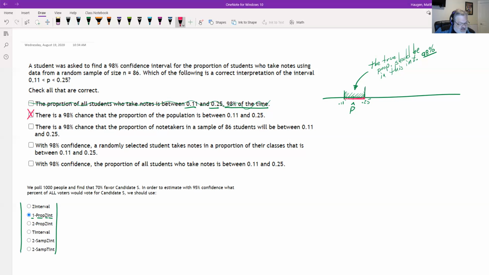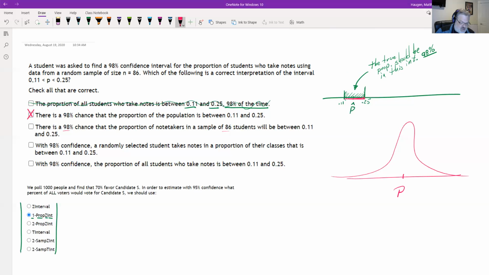There's a 98% chance that the proportion of note takers in a sample of 86 students will be between 0.11 and 0.25. That one's a little more complicated. Well, if we looked at our sampling distribution, our sampling distribution would have its true proportion.